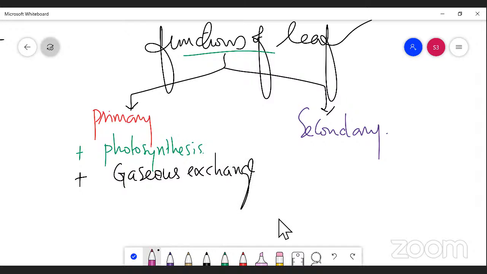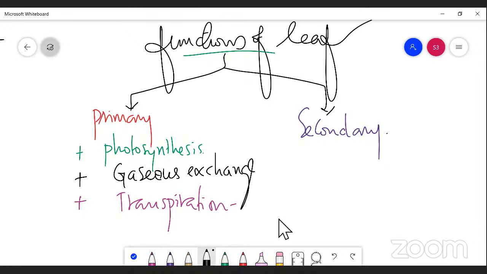Third point, it also performs the transpiration process.